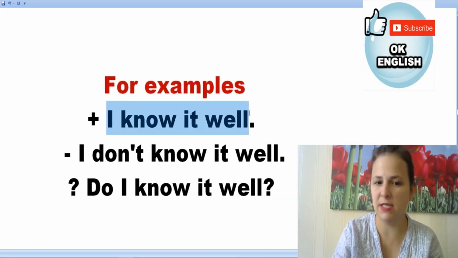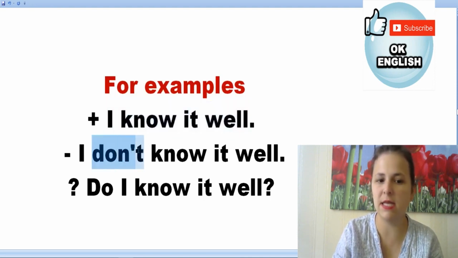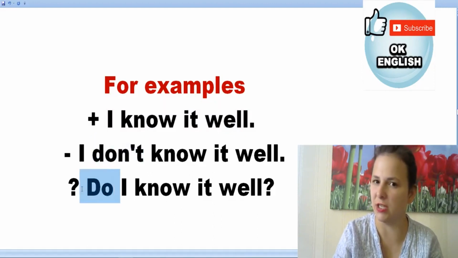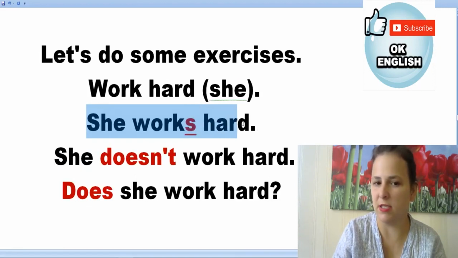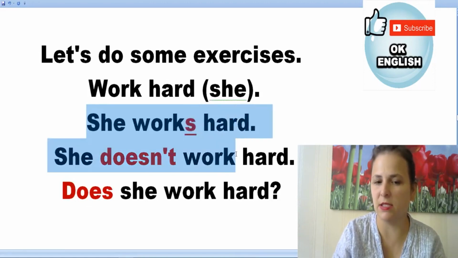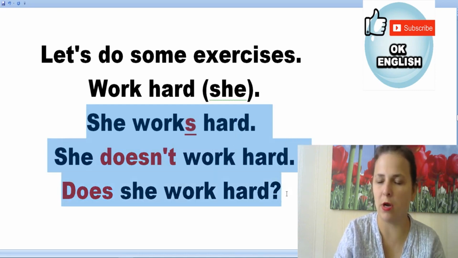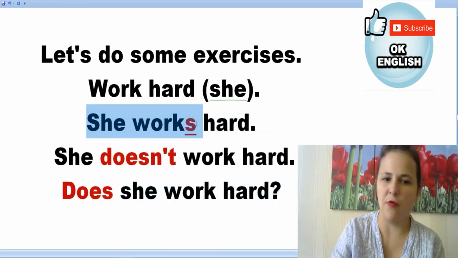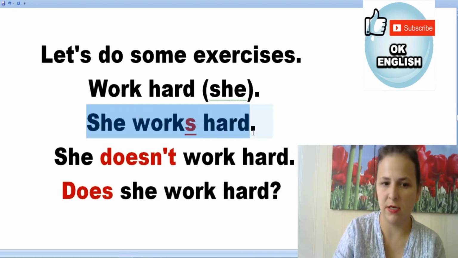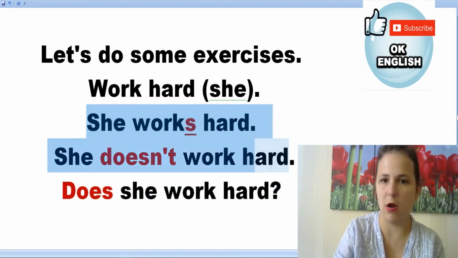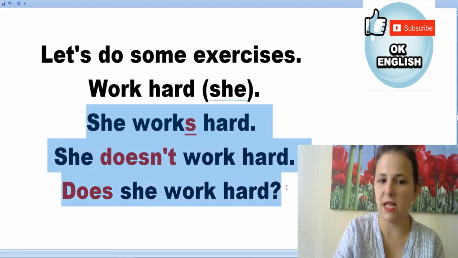It's a statement. I don't know it well. It's a negative form. Do I know it well? It's a question. She works hard. She doesn't work hard. Does she work hard? She works hard. She doesn't work hard. And does he work hard?